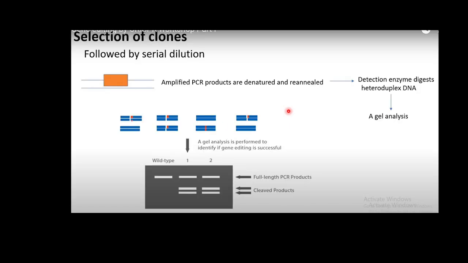Okay, after that, after you are done with your designing of sgRNA, the number one step is to clone your sgRNA in the plasmid.